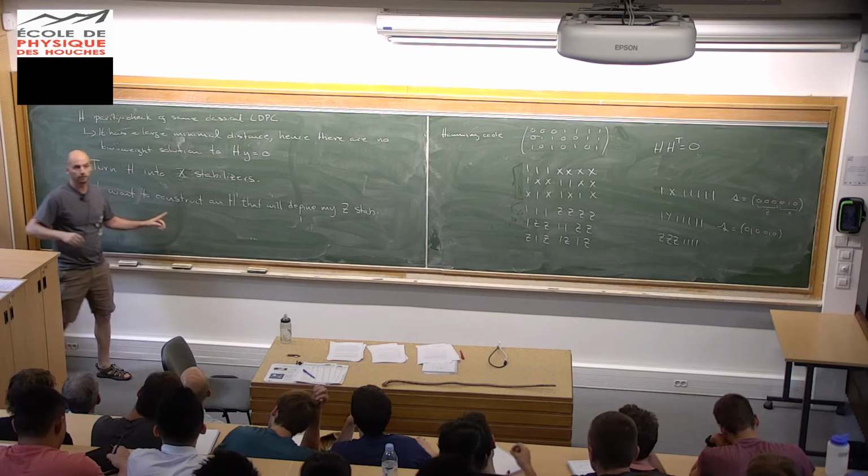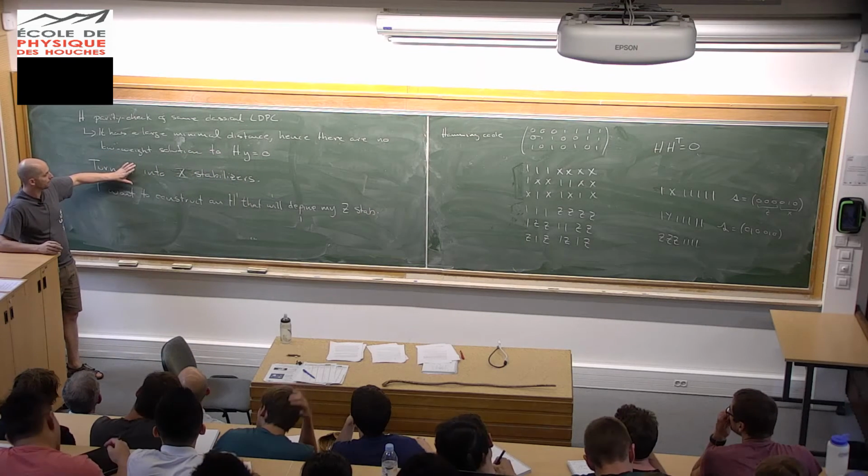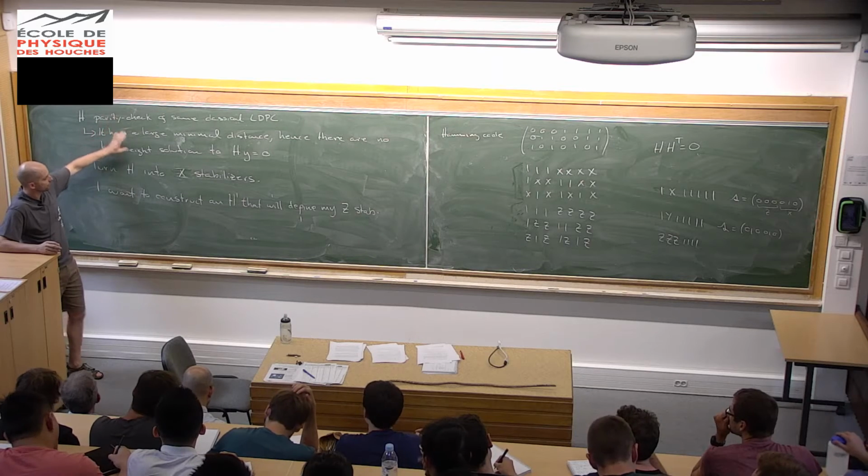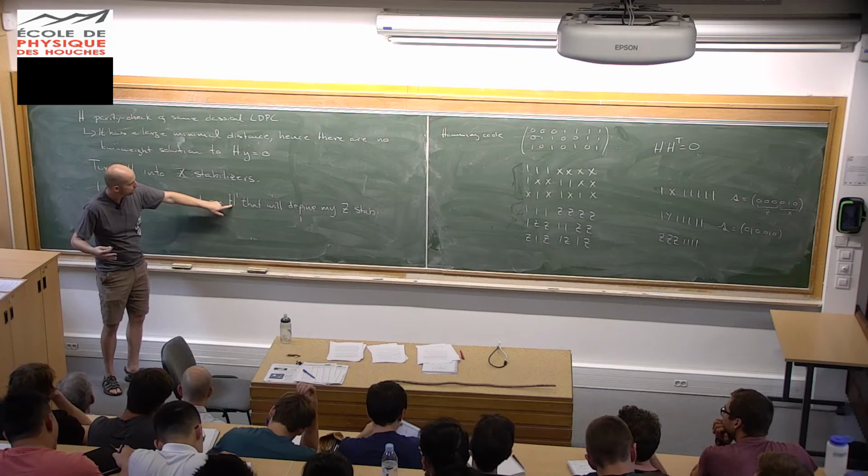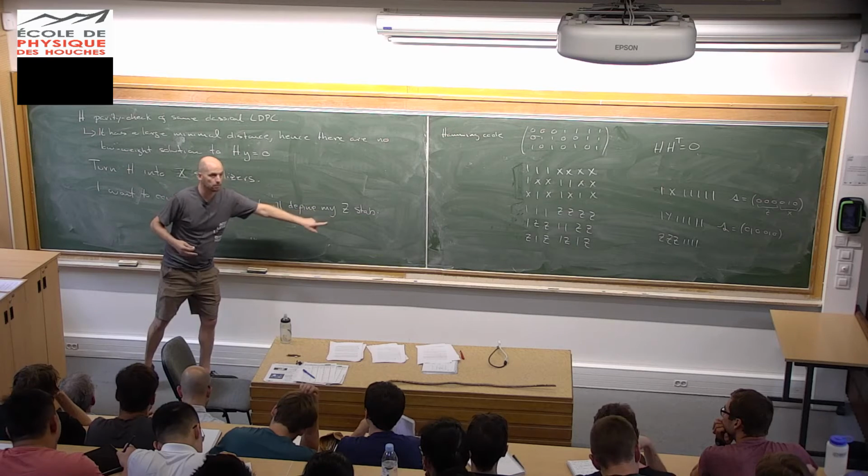Is that good to everyone? Right, so I have my X part. It came from this LDPC code. I want to define H prime that will define my Z stabilizers.